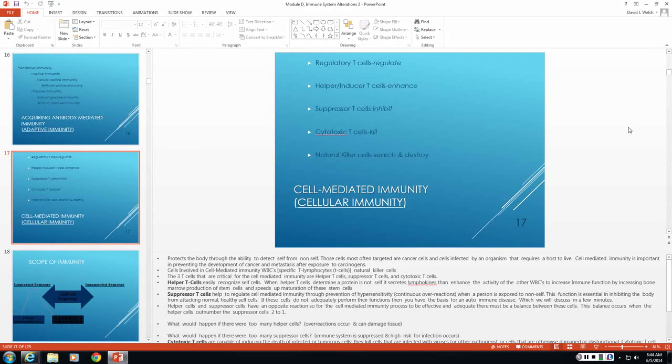For the cell-mediated immunity process to be effective and adequate, there's got to be a balance between these two. The balance usually occurs when the helper cells outnumber the suppressor cells 2 to 1.